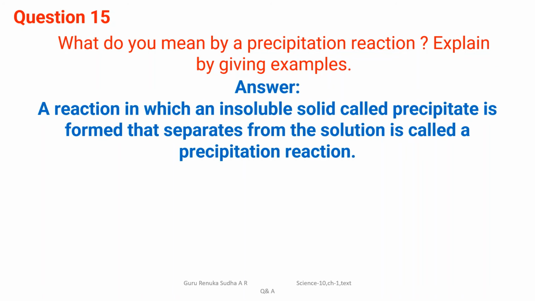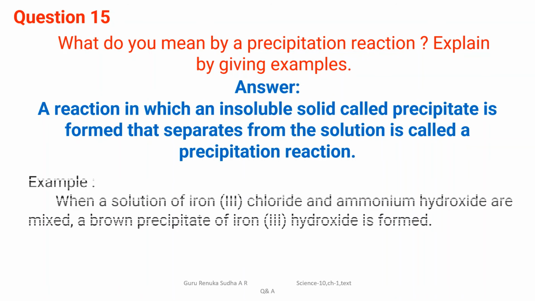Okay. Next example, when a solution of iron chloride and ammonium hydroxide are mixed, iron chloride FeCl3. Afterwards, you have to balance the atoms. Ammonium hydroxide NH4OH, three times, like that.